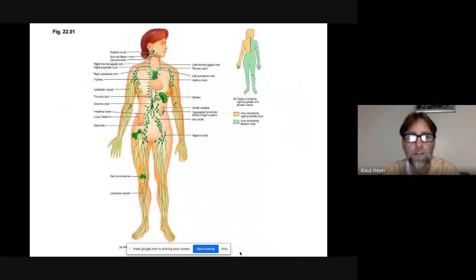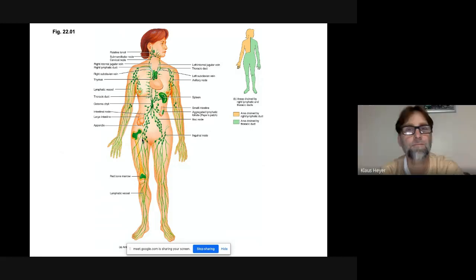So, like bone marrow, there's your spleen, there's your thymus on top of your heart. And then you see all these lymph nodes, right? There's about 600 lymph nodes in your body. They tend to congregate in your axillary region and your, whatever this region is that I forgot, iliac, whatever.